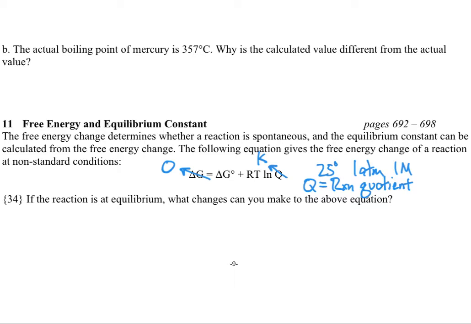So if I get to equilibrium, then I can rewrite this equation. The delta G is equal to 0, and what that's going to imply then is that the delta G 0 is going to equal minus RT times the natural log of the equilibrium constant.